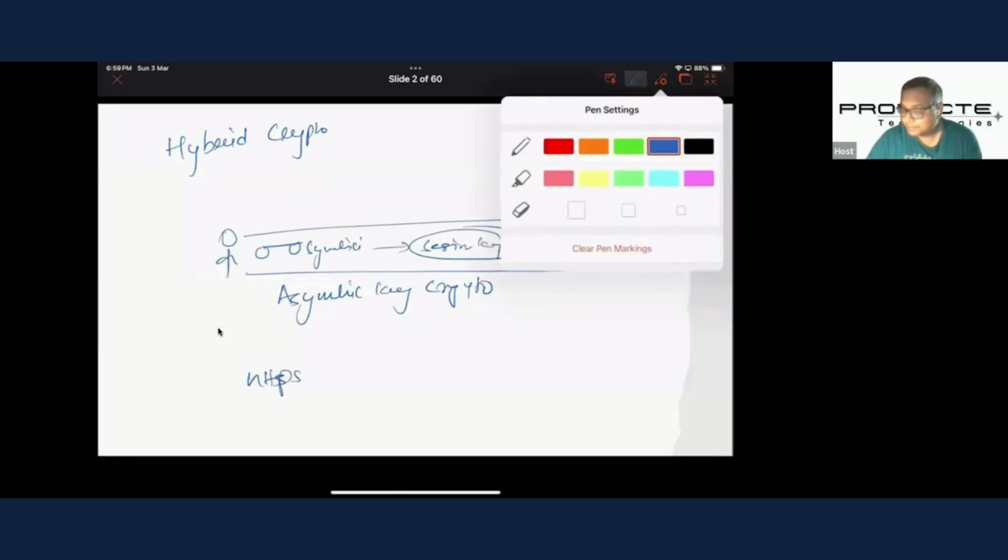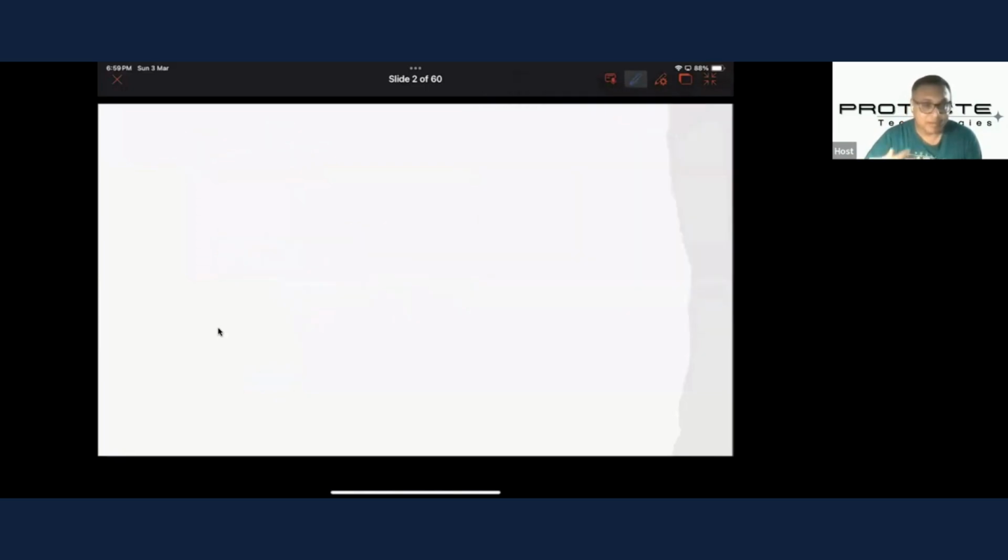How it happens is, you have a browser. You open Google Chrome. Chrome, associated with your desktop, has two keys, a public key and a private key. It sends the public key to the PKI.